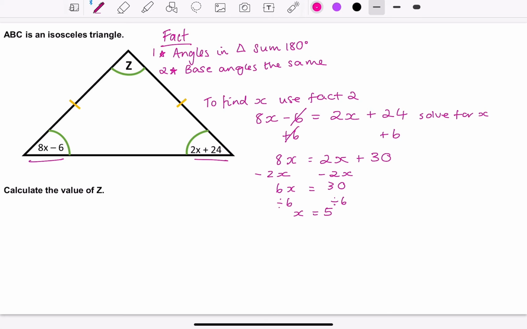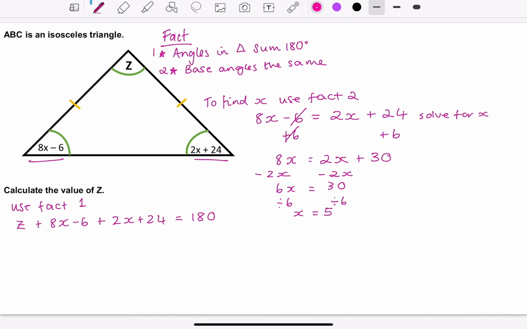Now we found x, we can go about finding z. So what we need to do is use fact 1. In fact 1, we know that z, add 8x minus 6, add 2x plus 24 is equal to 180.